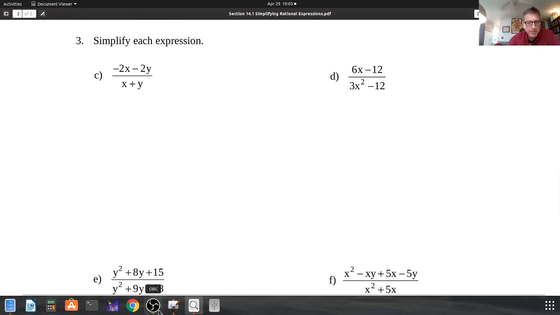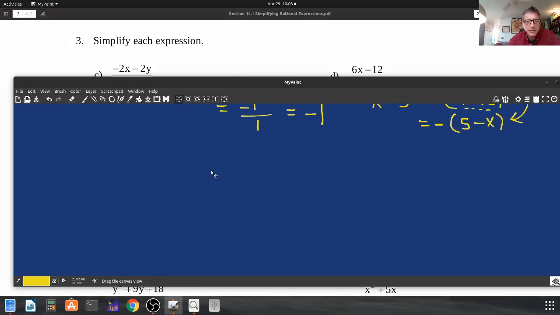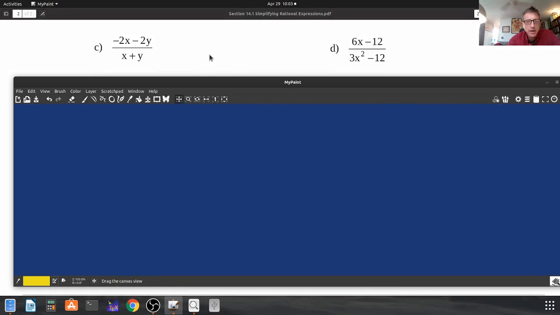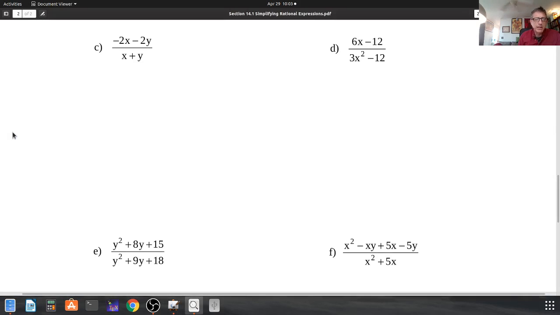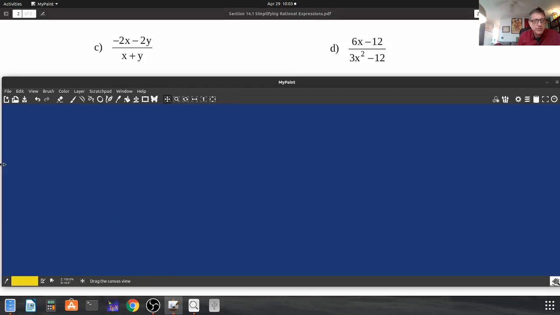Now we're going to simplify expressions based upon factoring out the greatest common factor, or just factoring in general. Factoring into primes, just like we do when we try to reduce fractions to their lowest terms. So this is 3c.